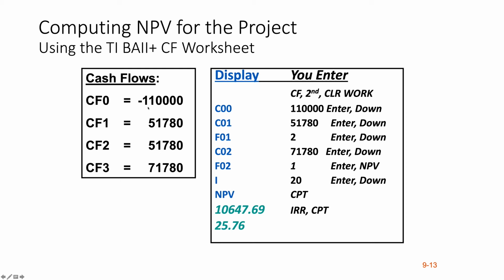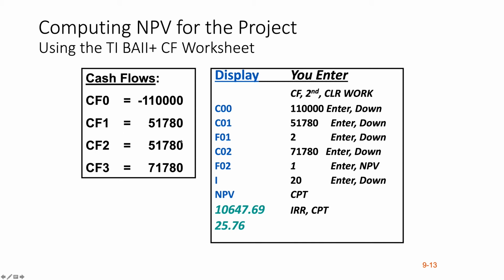Move down. You key in 51,780, with frequency equal to 2 because CF1 and CF2 are the same. Then you have one for CF3, 71,780.